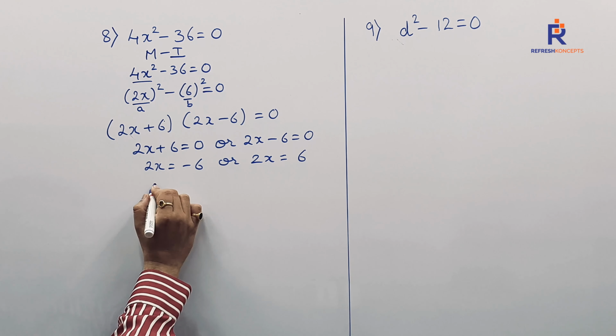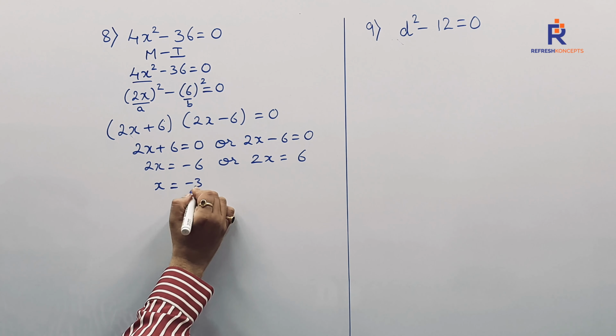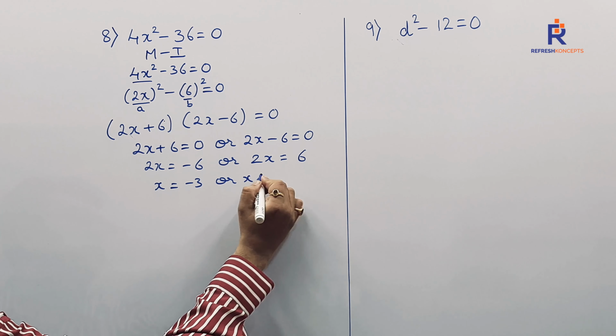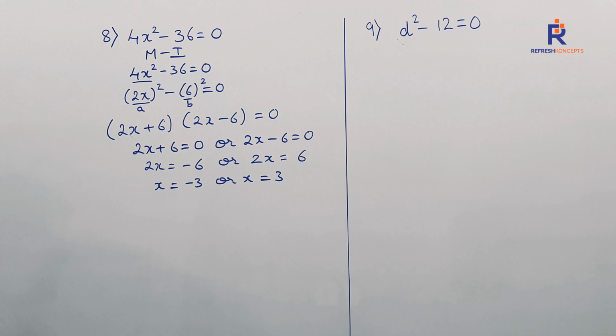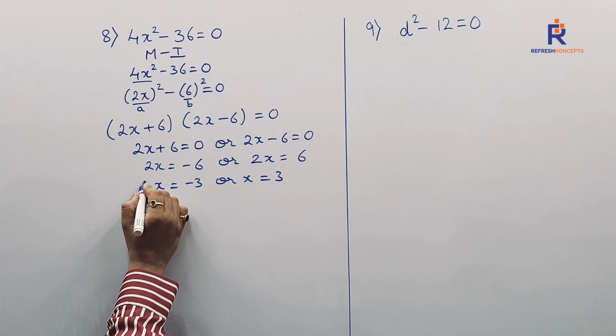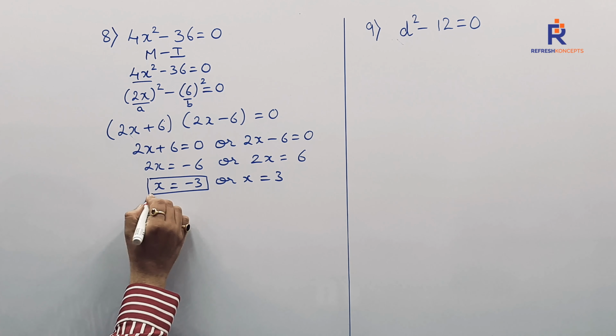On dividing by 2, x is minus 3, or x is 3. If you want, you can write down the reason beside it. This is my final answer.